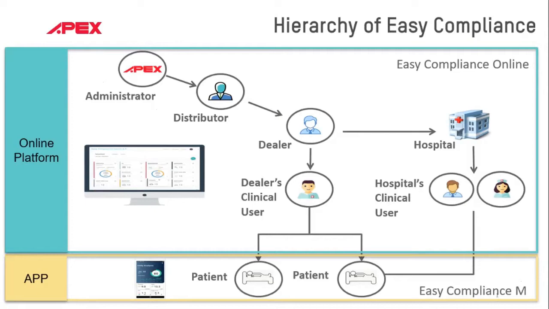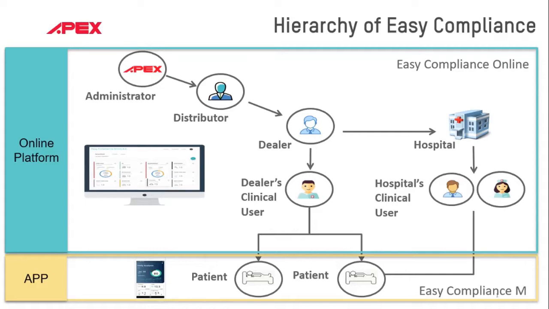Today, we'd like to talk about our latest CPAP called IX series CPAP with internet connectivity and online remote monitoring system. We're offering the Easy Compliance Online as well as the Easy Compliance M, which is an application.